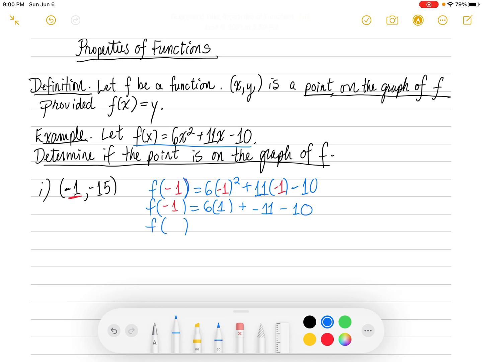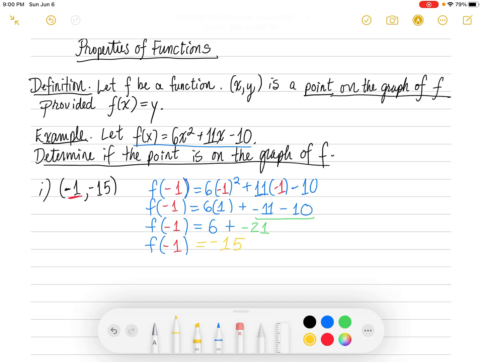So I got f at -1 equals, okay, let's do this multiplication. 6 times 1 is 6, plus -11 combined with -10, that's -21. So finally I'm going to find what f at -1 is by combining 6 plus -21. 6 plus -21 is -15.